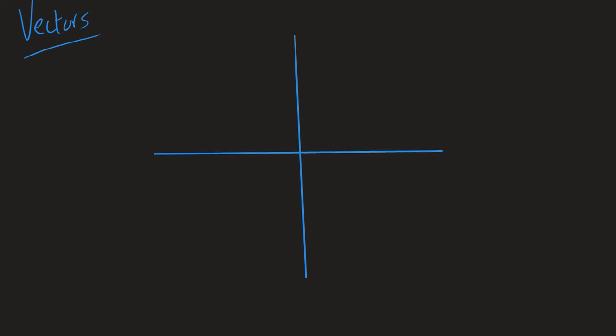I'm going to start with the coordinate system. And in this coordinate system, I'm going to label north, east, south, and west. Actually, I don't want to leave it to you. I want to choose something.